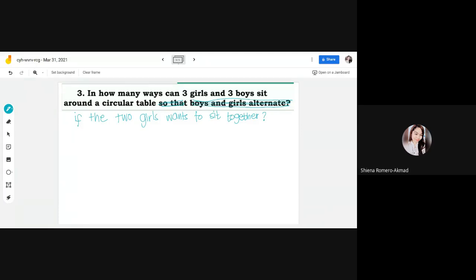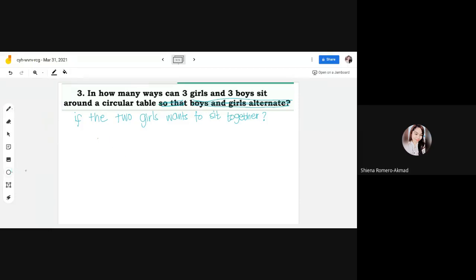So kung magsasama sila, magtatabi sila, they want to sit together, ano ang gagawin? So ang gagawin lang natin dyan is, of course, arrange muna natin 3 girls, di ba? Then 2 boys. Then the 2 girls must sit together.